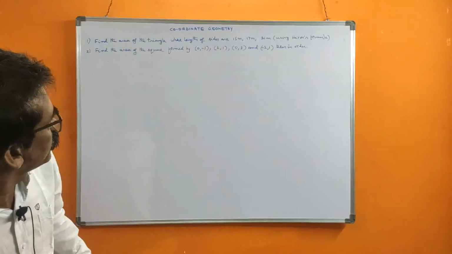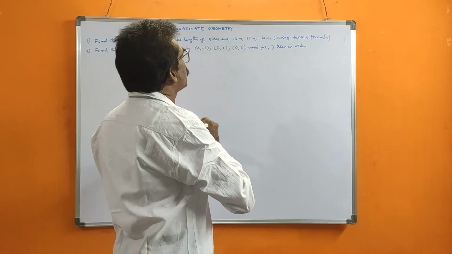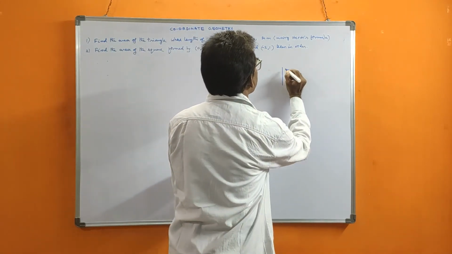Now see the second sum: find the area of the square whose points are given. Here points are given and the square's area is asked.